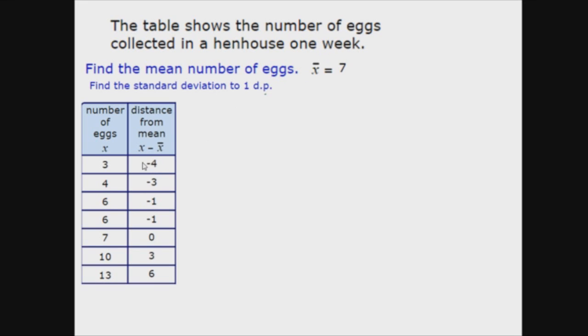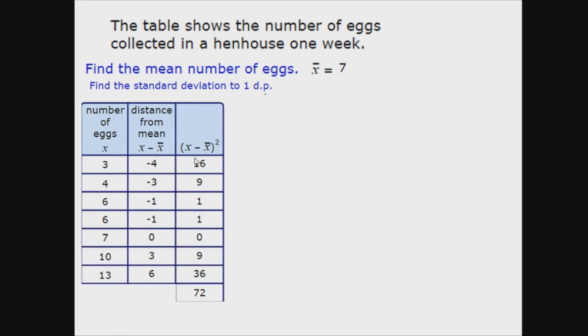So you subtract the mean number of eggs from each value, from each column. So you do 3 minus 7, which is minus 4, and 4 minus 7 gives you minus 3. You carry on for each number of eggs in the table to give you the distance from the mean.